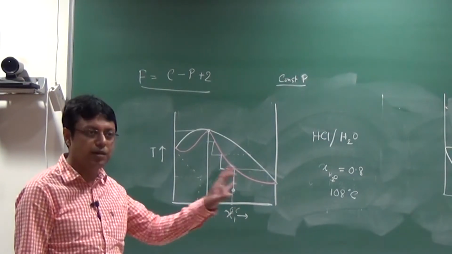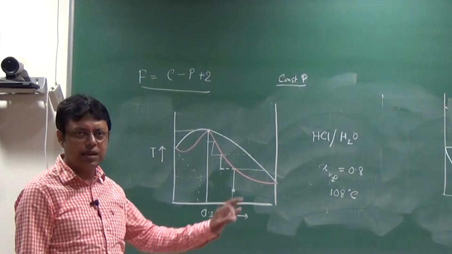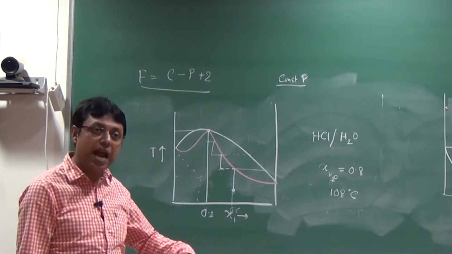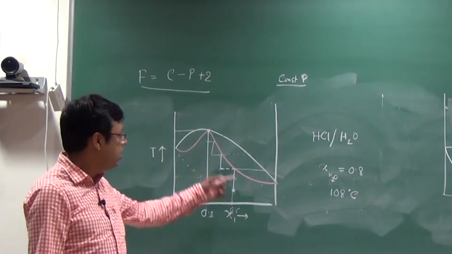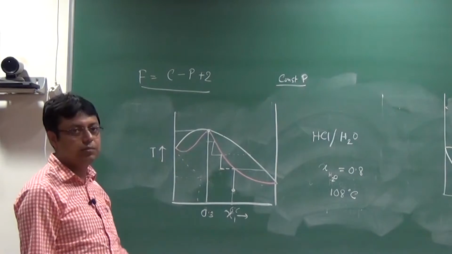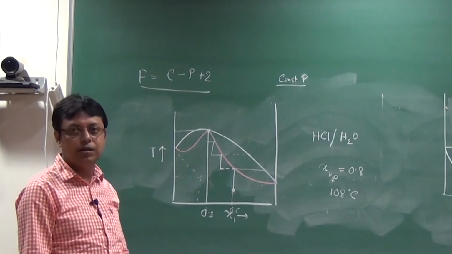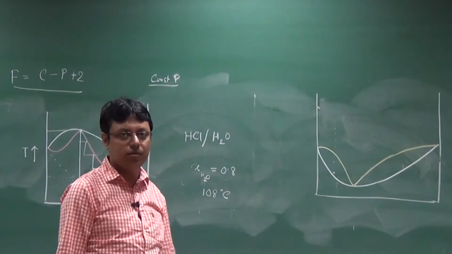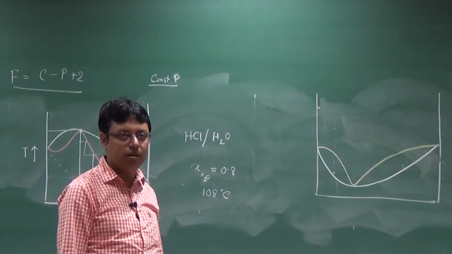That is the Gibbs free energy of mixing, RT times the sum of xi ln xi. In addition to that, if I now have favorable interaction, then the boiling is high. But if I have unfavorable interaction, then the boiling will be at a lower temperature. But the explanation is the same, right?